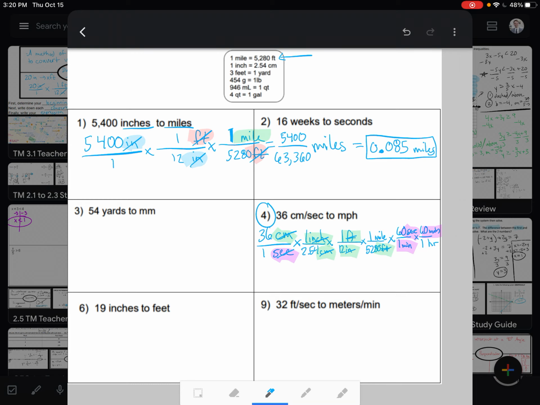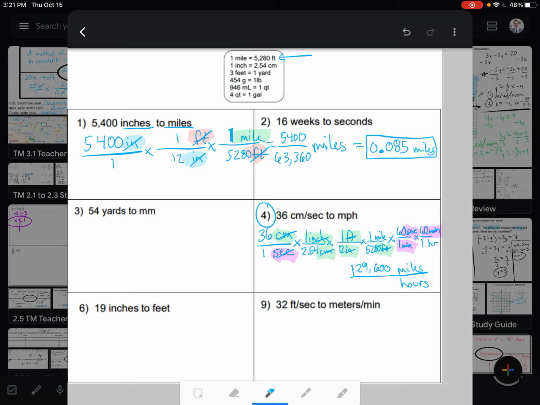We can also cancel seconds, cancel our minutes, and we're just left with miles on top, hours on the bottom, and now we just need to do our full multiplication problem to get the answer. So on top, 36 times 1 times 1 times 1 times 60 gets us to 129,600 miles.